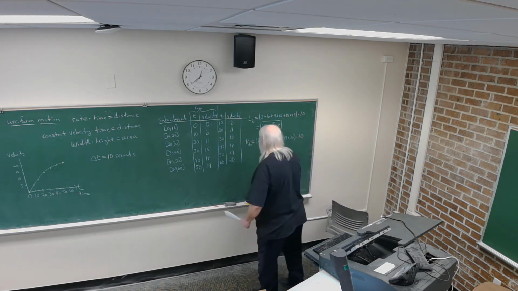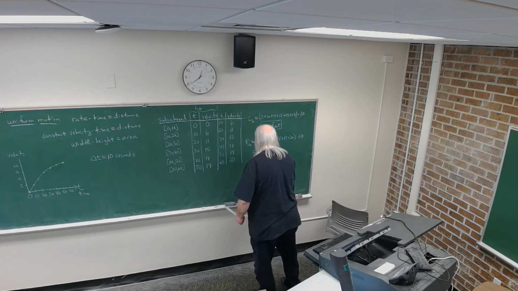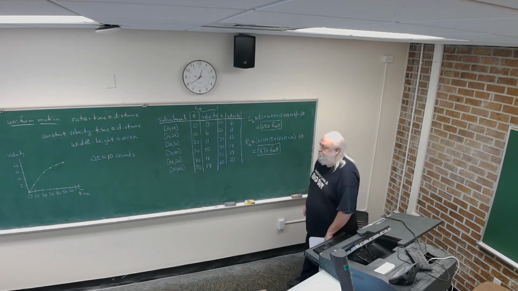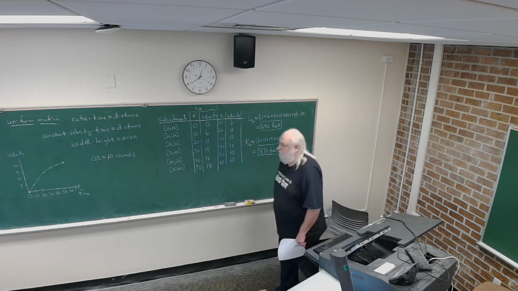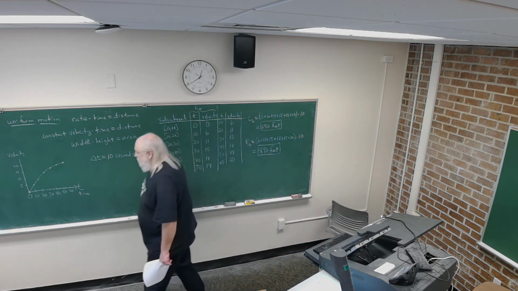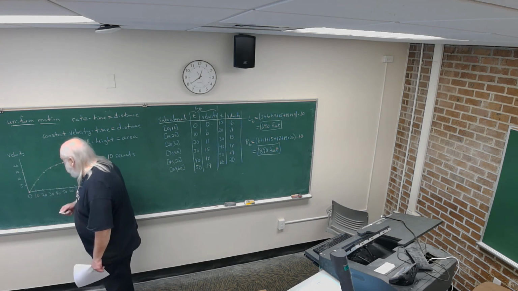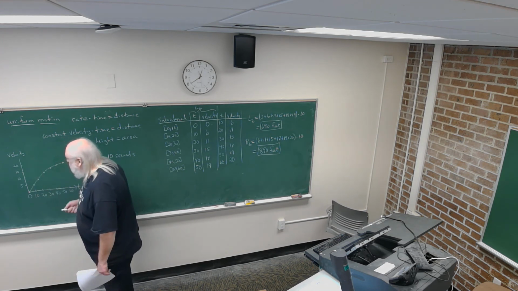And when you do that arithmetic, you get 890 feet. That's an overestimate of how far the runner ran, because when you draw those rectangles, they will contain all this area.